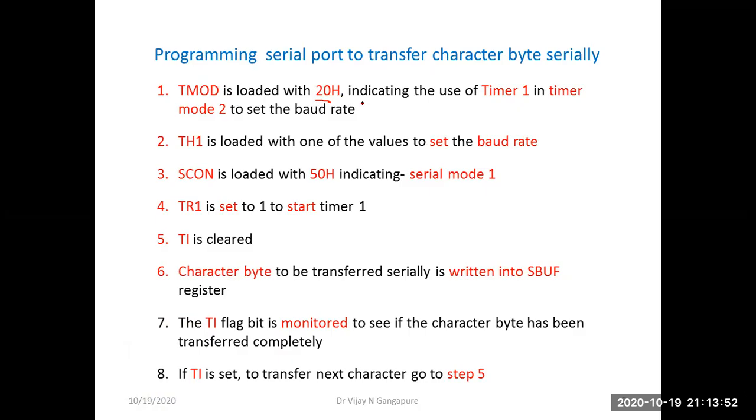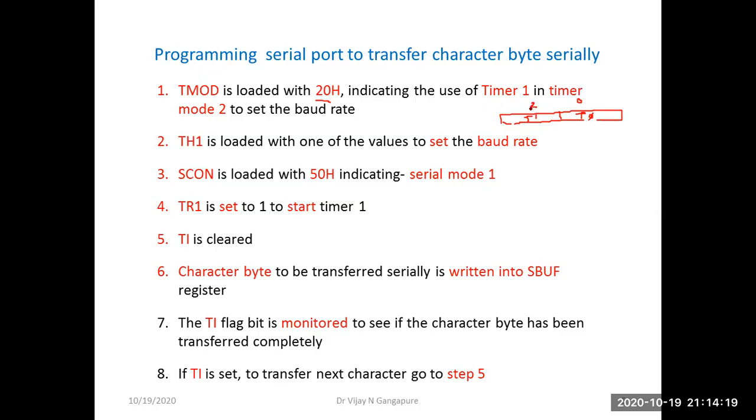If we load 20 into TMOD, this will configure timer 1. This TMOD is 8 bits, and out of these 8 bits, lower 4 bits are used for timer 0, and upper 4 bits are used to configure timer 1.